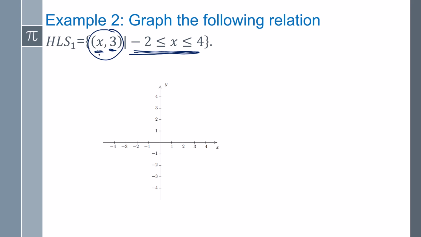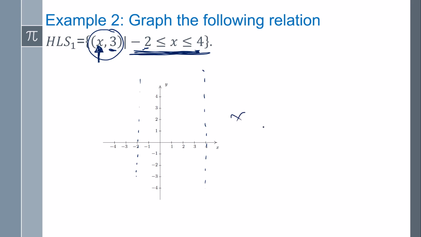Because I implemented this as a variable, and I said my variable is x, that means I'm going to define where my x is going to be. And so I said x is between -2 and 4. So I can think of it as between -2 and +4. That's where my x values are going to exist.